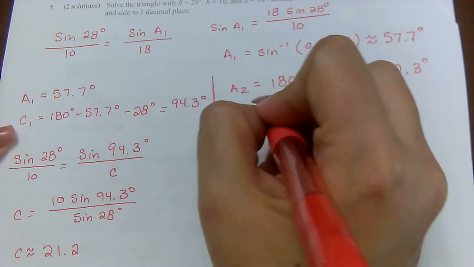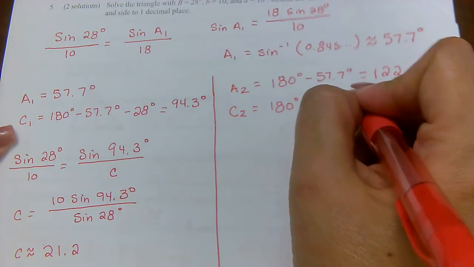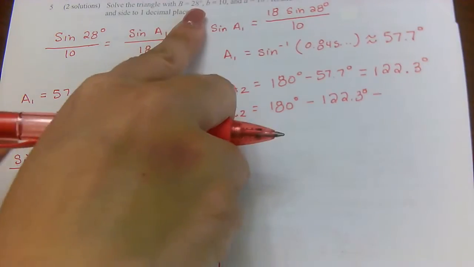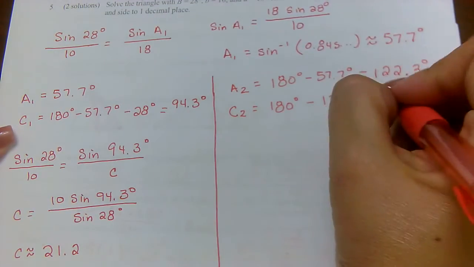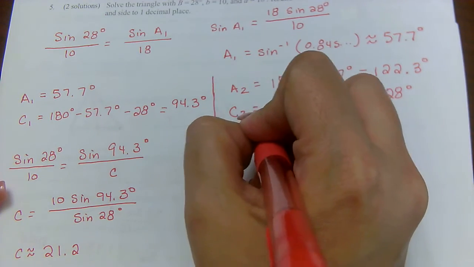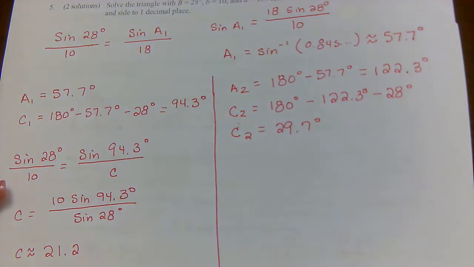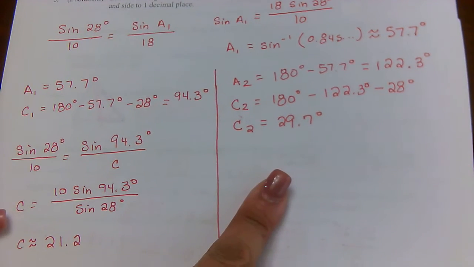C2 would be 180 degrees minus the 122.3 minus the 28 that's given. So here C2 would equal approximately 29.7 degrees. All right. Now we need little c.